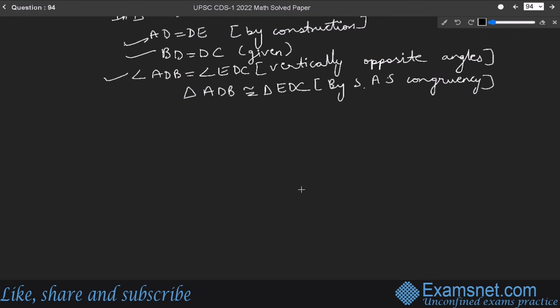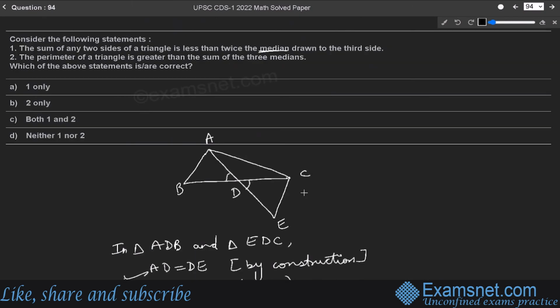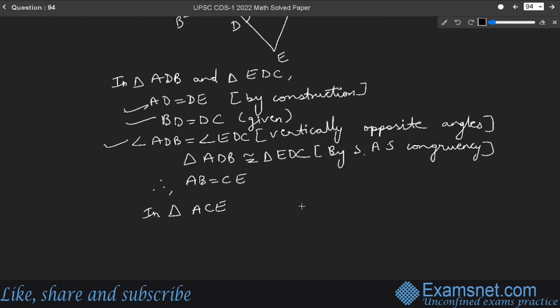Now since both the triangles are congruent, therefore by the congruency of triangles we can say that AB will be equal to CE. Now let us look at triangle ACE in the given diagram. In triangle ACE, we can write that AC plus CE is greater than AE.